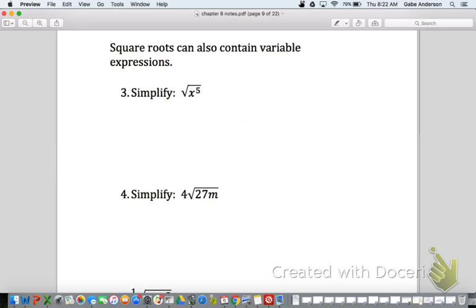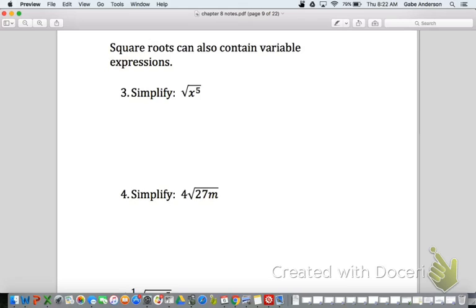That next section, the little heading on there says that these square root expressions that we've been working with can also have variables in them. And so the good news is these will behave exactly the same way as what you guys just showed to be pretty good at. So if you take a look at an example like number 3, number 3 is the square root of x to the 5th.